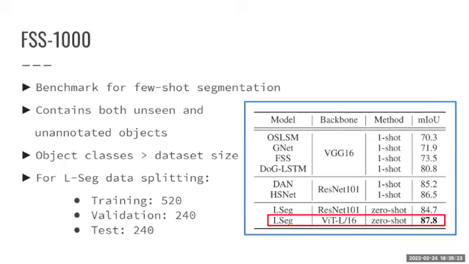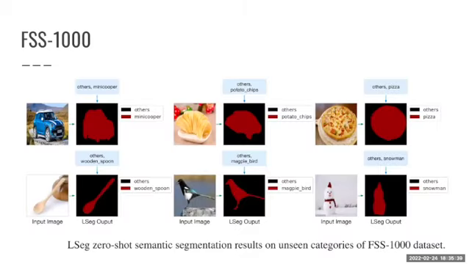The accuracy from mIoU is relatively high compared to Coco, it is 87.8. Here also they have used Vision Transformer L16. So these are the outputs if we use FSS 1000.